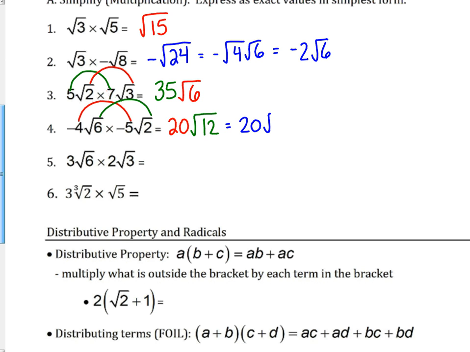What can you break up 12 into? 4 and 3. Good. What's the square root of 4? It's 2. And so you might go straight to the final answer, right? Which is what? We're always multiplying here. 40 root 3. The operation between each of these is always multiplication.